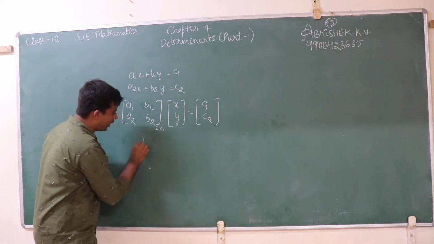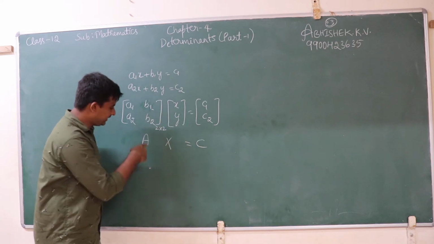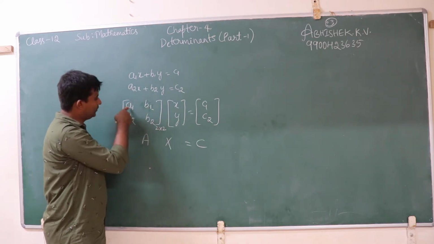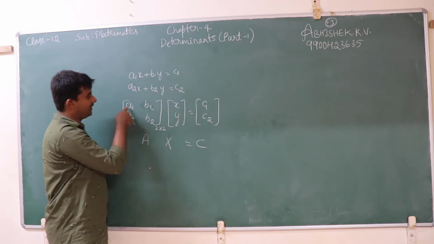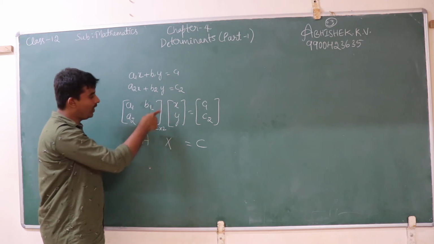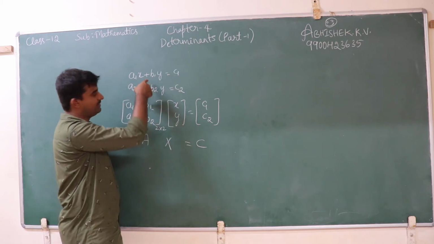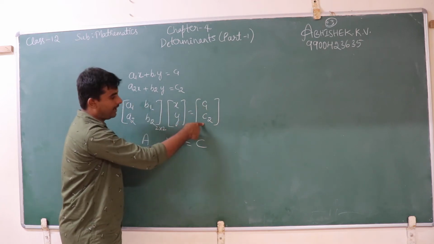So this is of the form AX is equal to C. That is, A is the matrix of order 2 cross 2. This matrix contains the coefficients of x and y, a1, b1, a2, b2, and this X represents the variables in the system of linear equations. This is equal to c1 and c2.